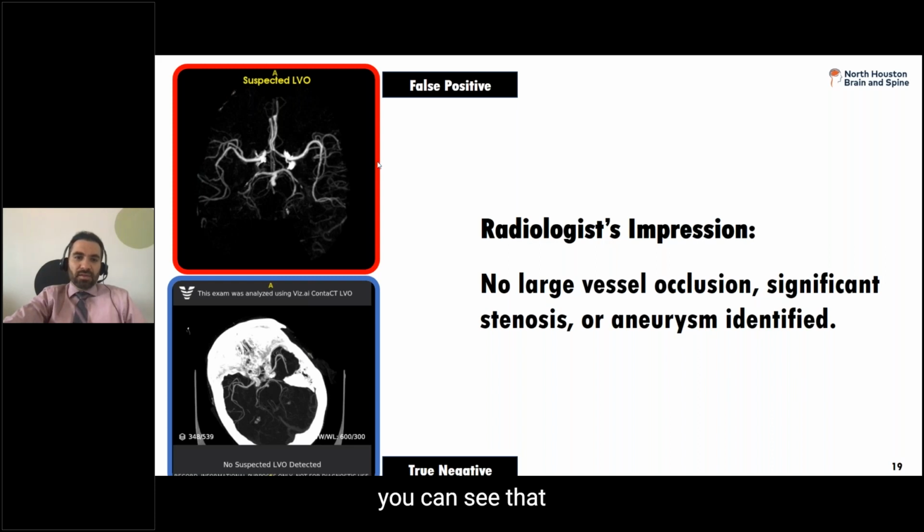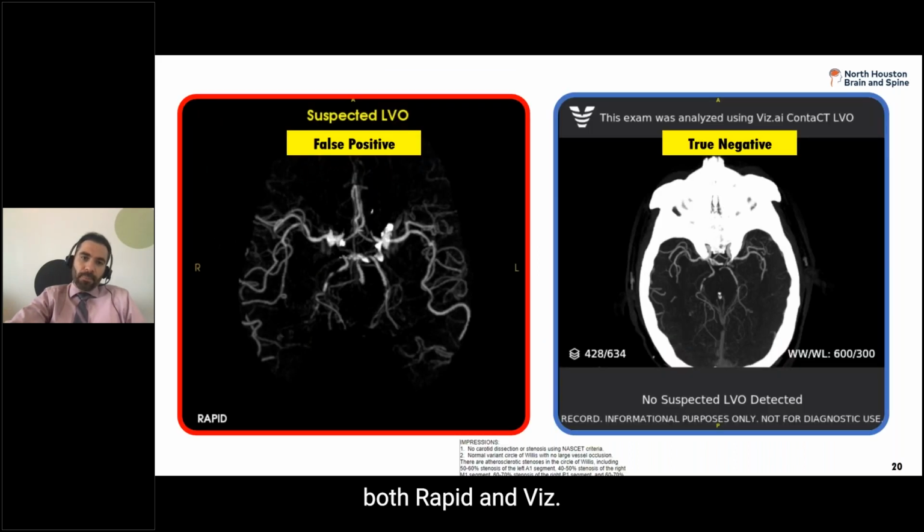On the top left, you can see that Rapid suspected an LVO in this study. However, Viz did not detect an occlusion, and the final radiologist read came back with no large vessel occlusion. So there was discrepancy between both Rapid and Viz. That's again another real life example of our patients.